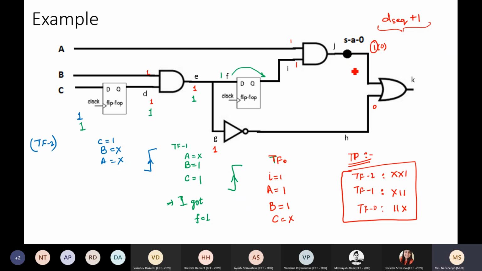In the next class, we will begin with the mathematical analysis and try to find the mathematical value of this observability and controllability, to indicate how difficult it is to control a particular line and observe the fault at that line. For that, we will have different mathematical formulas which we will use first for combinational circuits, then for sequential circuits. Okay?